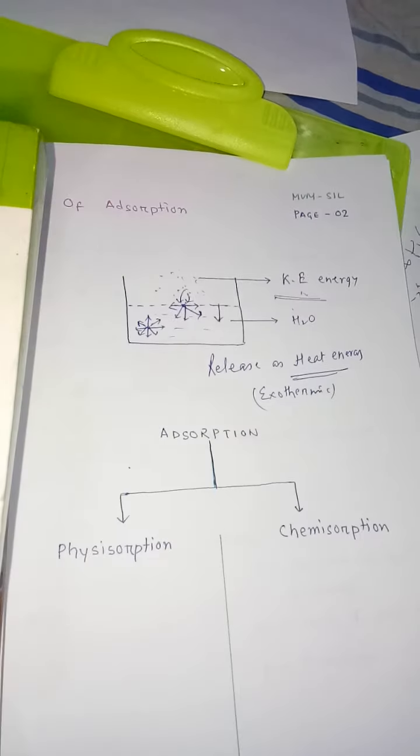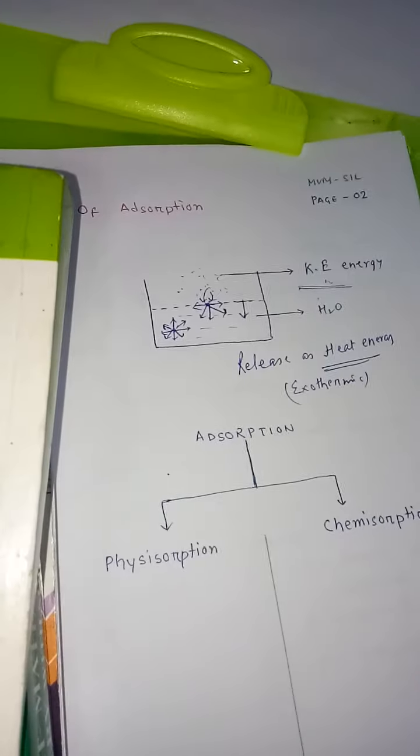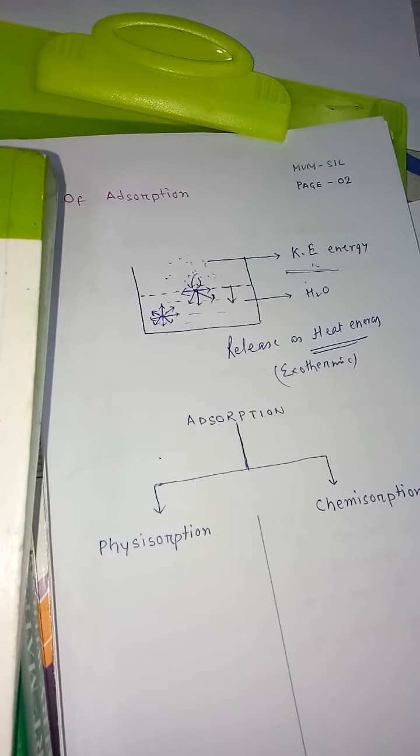So we have to learn the difference between physisorption and chemisorption. Physical adsorption is what is called your physisorption, and if anything is adsorbed chemically, this is chemisorption.